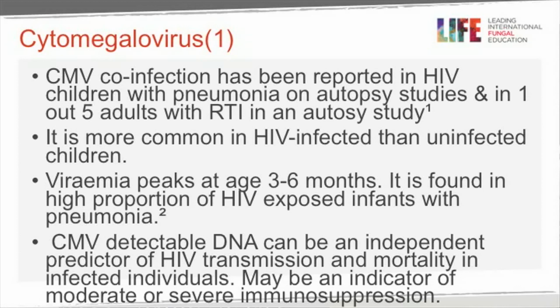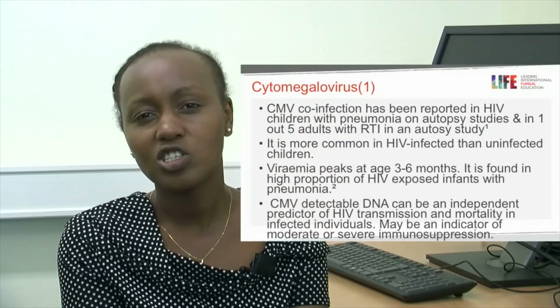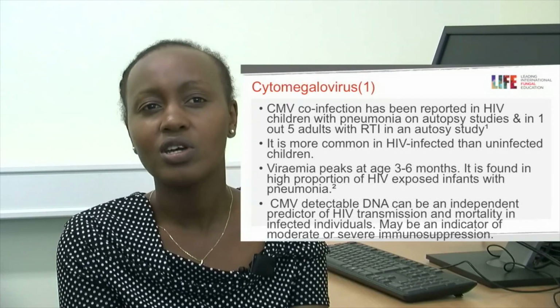Now, in autopsy studies, Cytomegalovirus co-infection has been reported in HIV-infected children and in 1 out of 5 adults who have a respiratory tract infection. CMV infection causing a pneumonia is more common in HIV-infected than uninfected children, and it could be an indicator of immunosuppression, where when Cytomegalovirus is isolated, you're probably dealing with a patient who has a higher degree of immunosuppression.